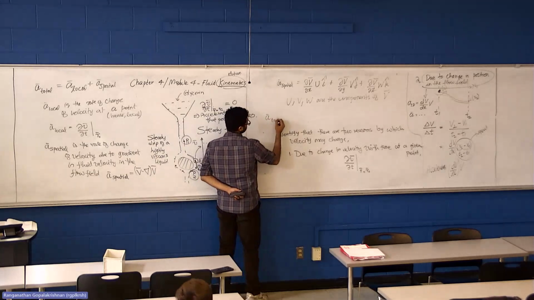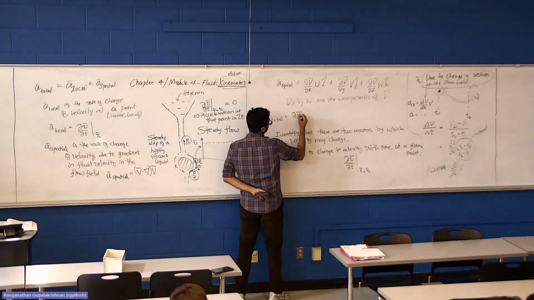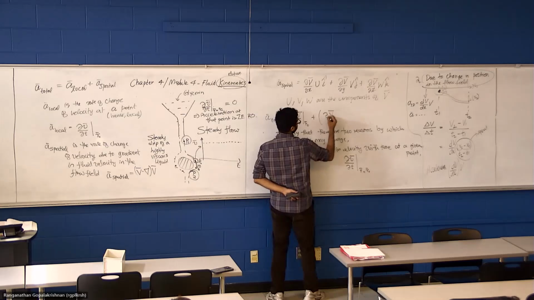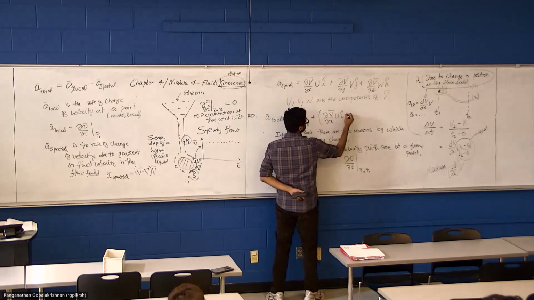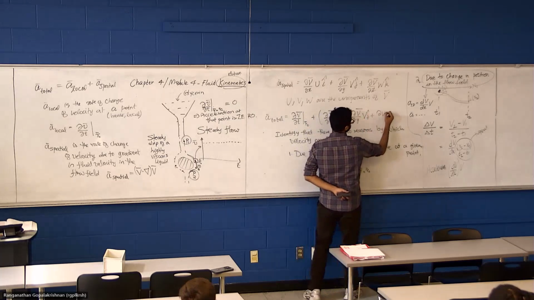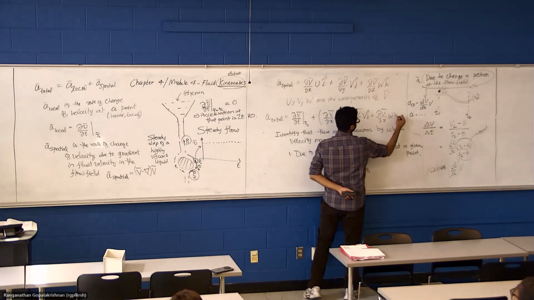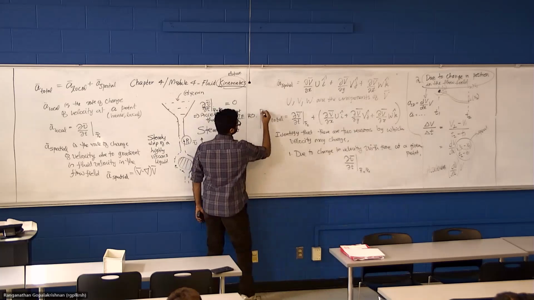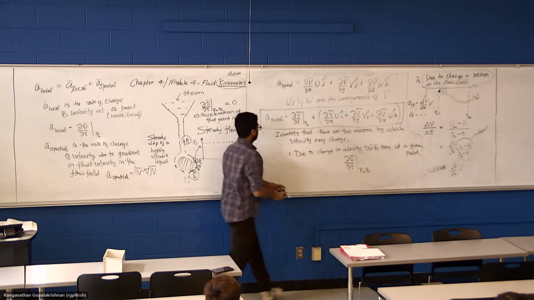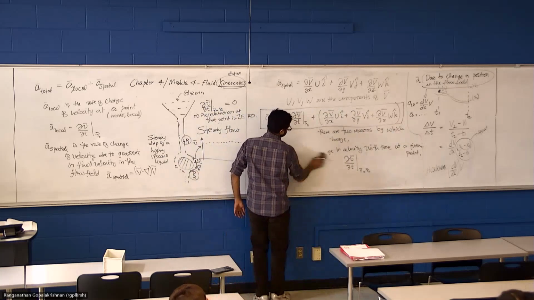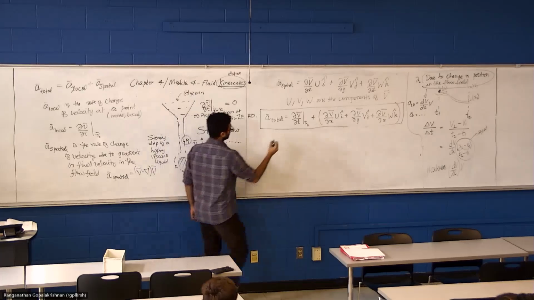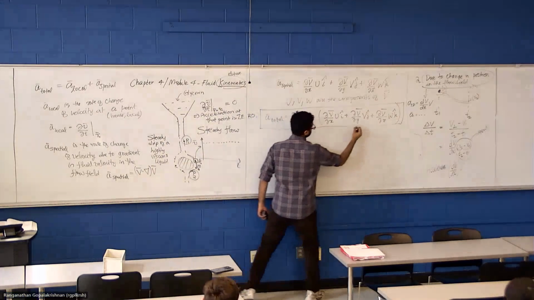So the total acceleration is the partial derivative of V with respect to t at a given point plus local, spatial.